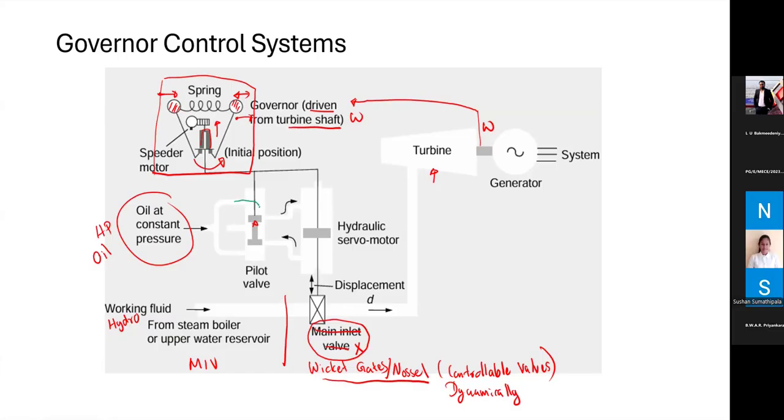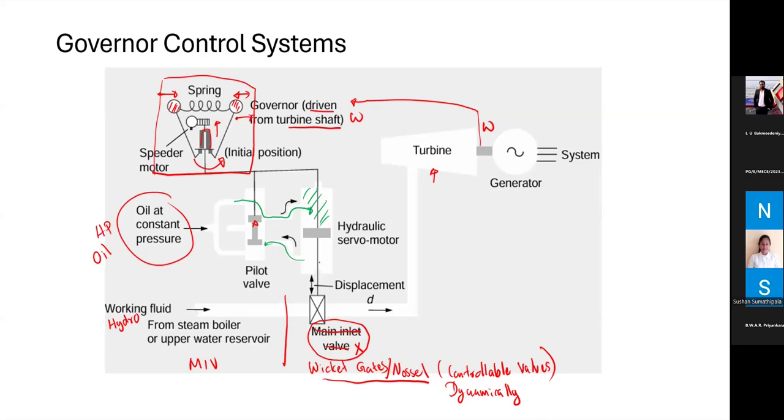the oil will move like this, and it will fill up this part of the hydraulic servo motor. So this is a large piston. It will fill this chamber, and it is going to reduce the material that we have over here.